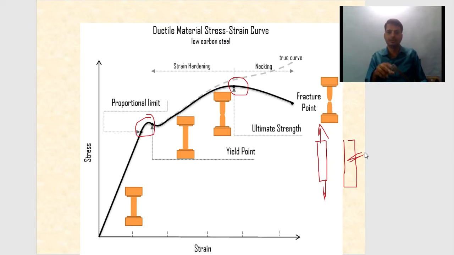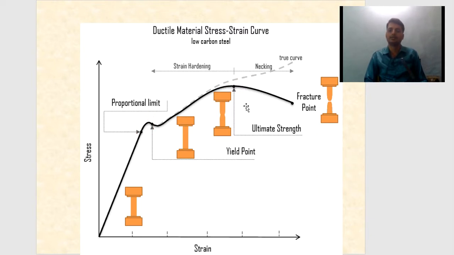Gold has some limit, copper has some limit, and mild steel also has some limit. The material's properties change, and if you keep on increasing beyond that, it will definitely break. That break is called the tensile failure.